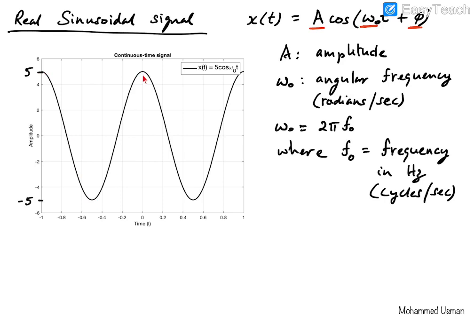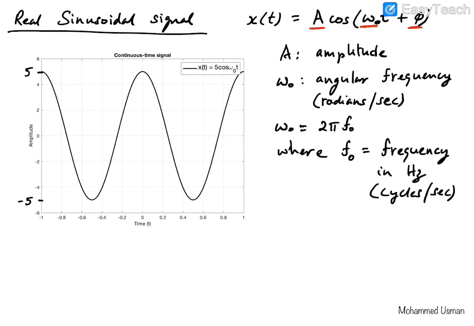So that is 1 cycle, and after this the same thing is repeating. Because 1 cycle takes 1 second, the frequency of this waveform is 1 cycle per second, which corresponds to a frequency of 1 hertz in this particular example.